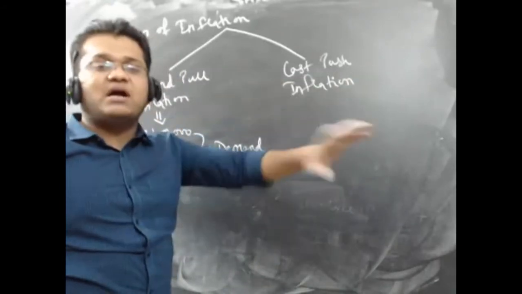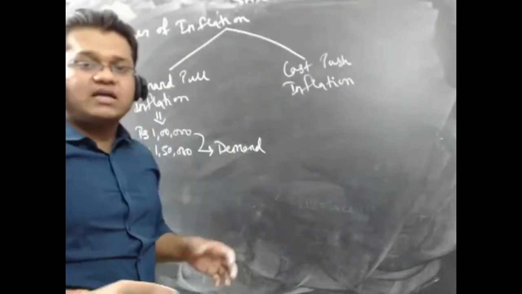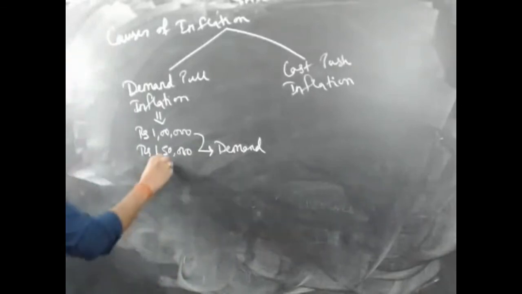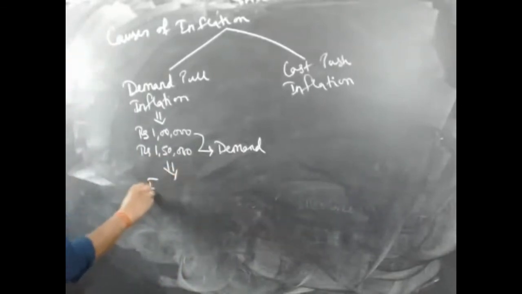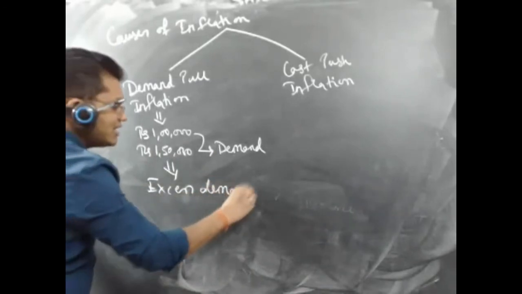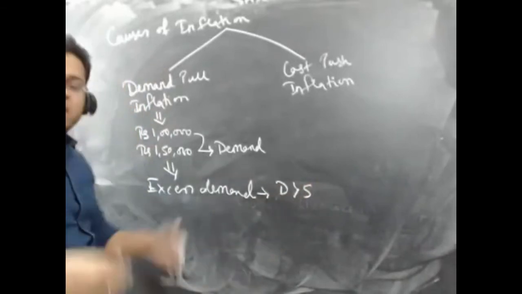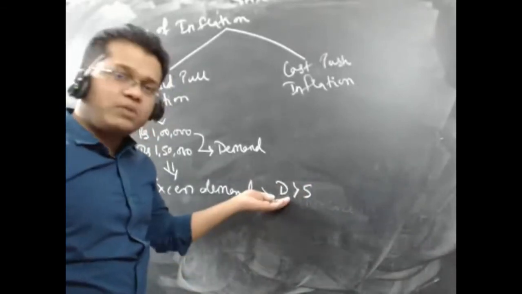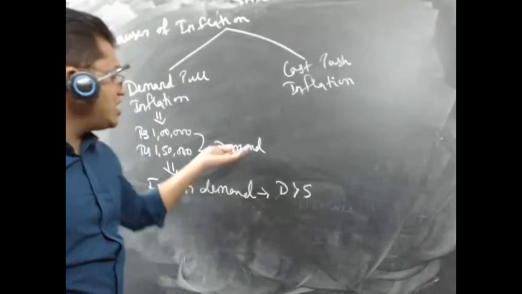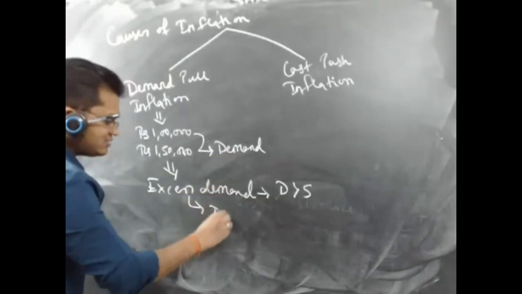So everybody will demand, say, Apple's iPhone. If everybody demands the same commodity, it will create a situation of excess demand. That is, demand will be greater than supply. So more people are chasing the same commodity, and the increase in demand will result in an increase in price.